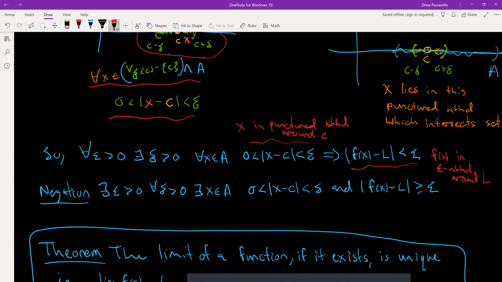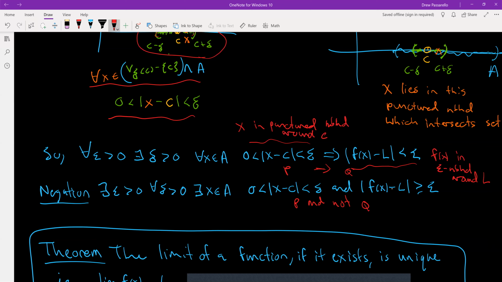And then for all x in A turns into there exists an x in A. And the negation of P implies Q becomes P and not Q. So this is like our statement P, and this is our statement Q. So P implies Q, and the negation is going to be P and not Q.